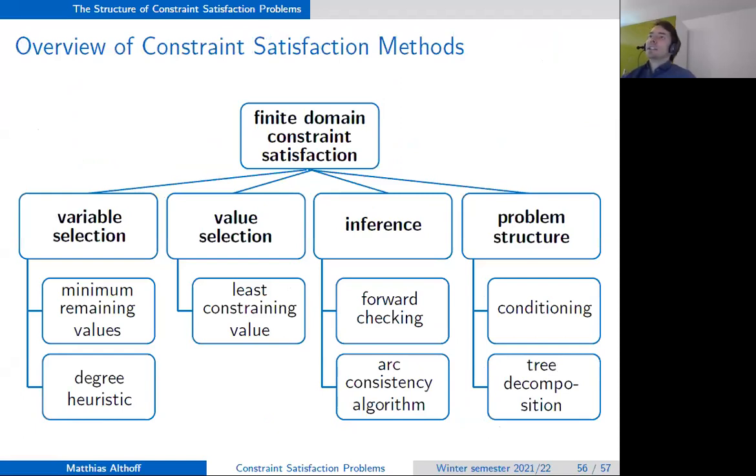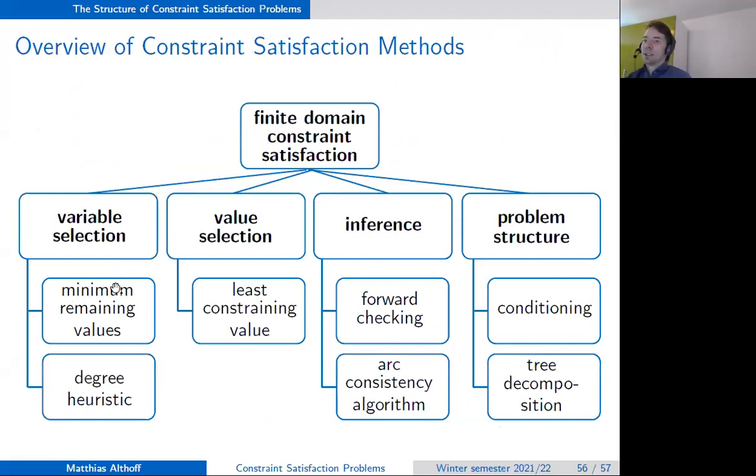Okay, good. So finally, here's an overview of all the methods we have learned for constraint satisfaction. First of all, we had to decide which variable to select first. There we learned two heuristics. One is minimum remaining values: you pick the variable with the fewest remaining values that fulfill the constraints.